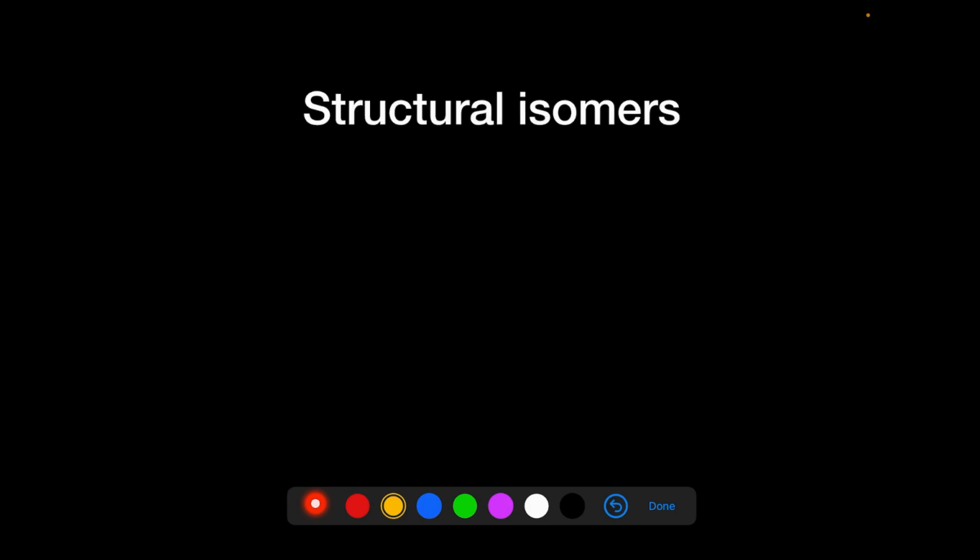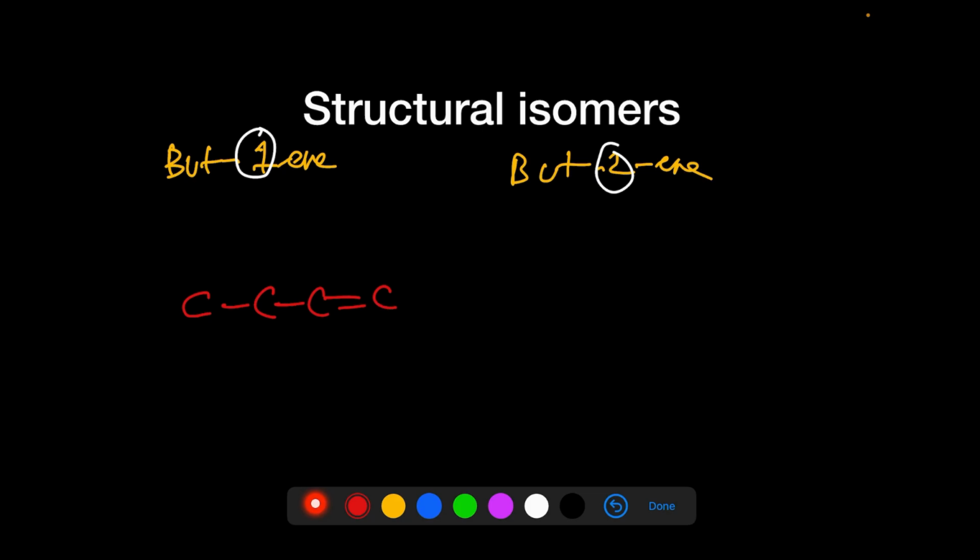And now we look at the structural isomers. One example, let's take but-1-ene and but-2-ene. You notice the number over here, 2 and 1. That means the functional group is at that position. Let me explain. In but-1-ene, the functional group or C=C double bond is at the first position.